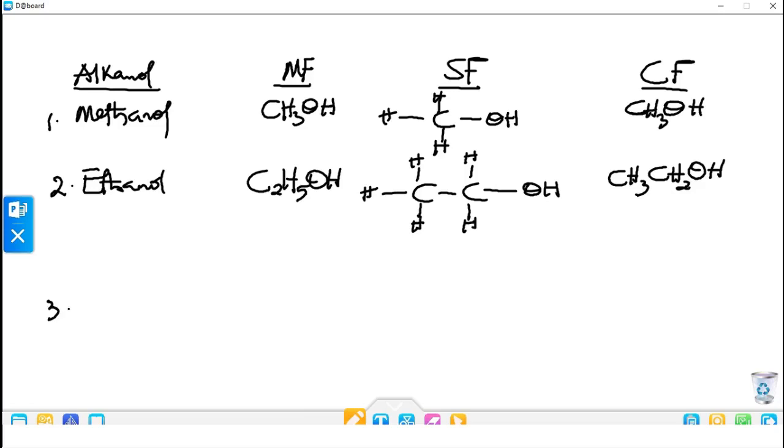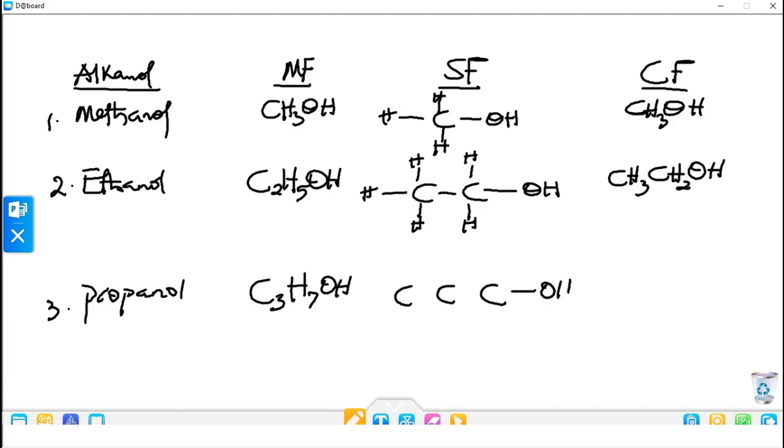Let's look at propanol. Propanol is C3H7OH. So we have 3 carbon atoms. They are going to be attached to OH, and they have single bonds between them because it is not an unsaturated hydrocarbon.